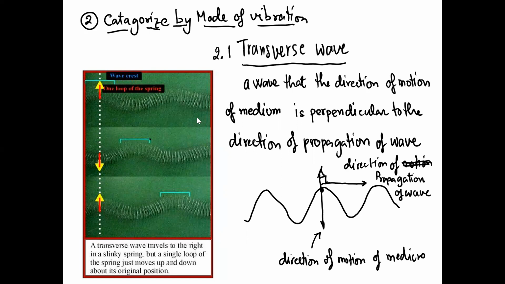For example, in this case, the direction of propagation is from left to right, and the direction of oscillation of the medium is from up to down. So this is called a transverse wave, because the direction of oscillation of the medium is perpendicular to the direction of motion of the wave.